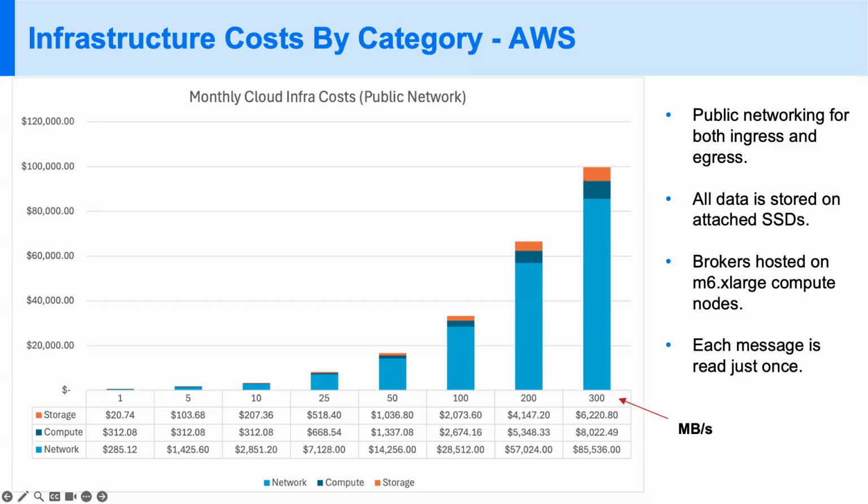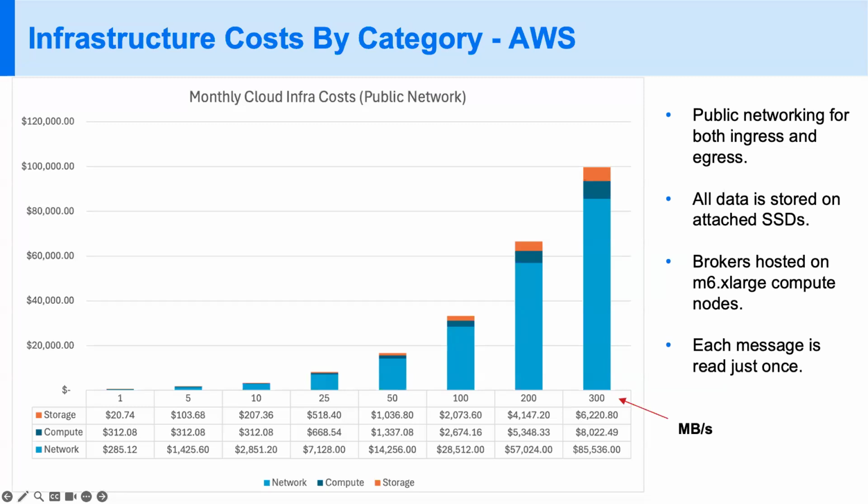All ingress and egress networking is done over the public internet. The brokers are traditional, run-of-the-mill M6i.xlarge compute nodes, nothing exotic, basic memory-optimized nodes. And it's assuming that each message is read just once.